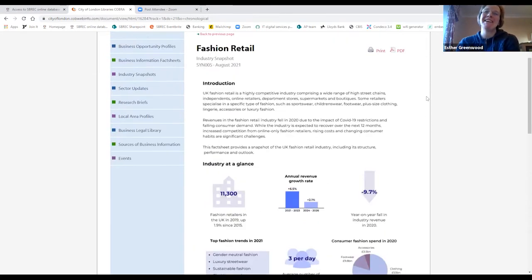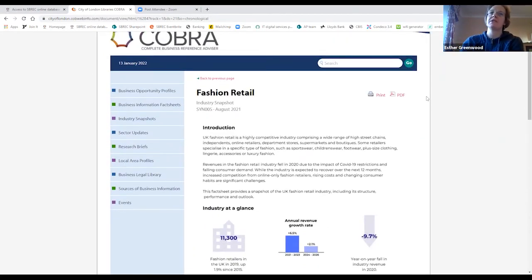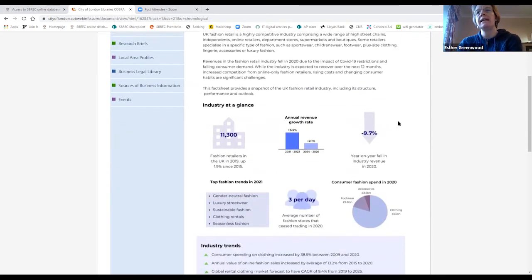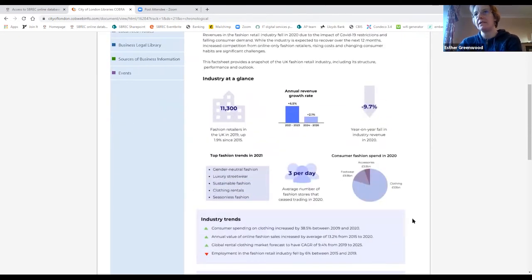So this page here is obviously an overview of what's going on in the fashion retail industry at the moment. It gives some headline numbers. Obviously, the amount spent on fashion items dropped dramatically in 2020. It has picked up again last year and this year. And it also highlights some of the top trends that they're expecting to see.